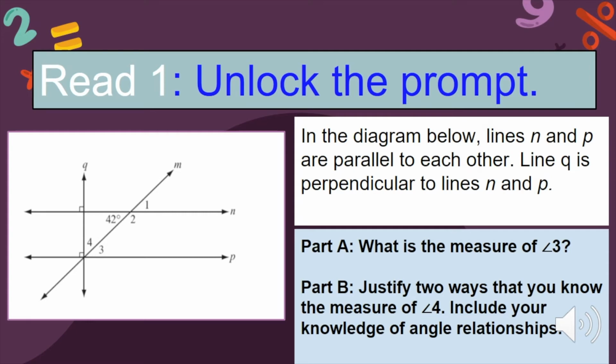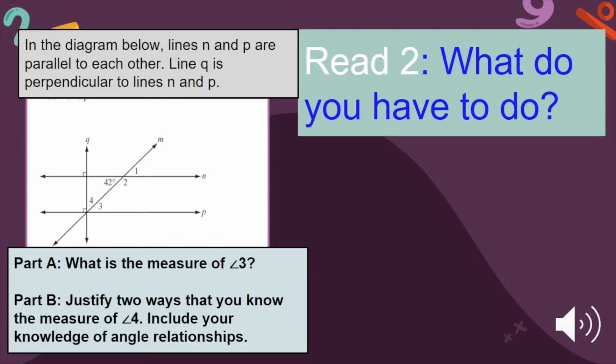Here, I have underlined the words parallel and perpendicular because these words will help me determine the values of specific angles. I also underlined the questions and directions. Let's keep going. After unlocking the prompt, you can determine what you need to do from the question or direction words.